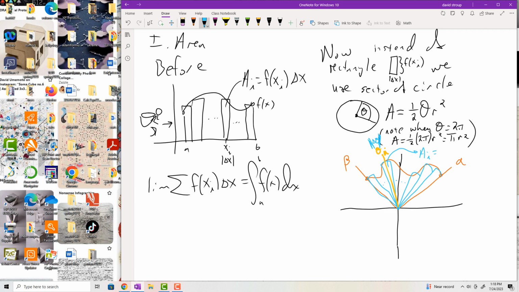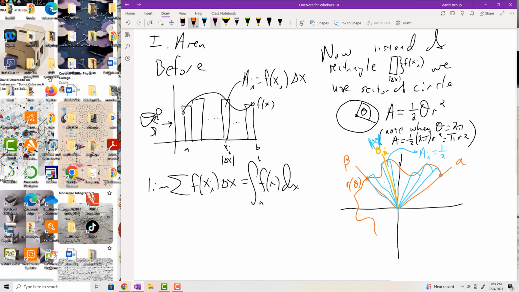Okay, so a sub i is going to be 1/2 times r squared times change in theta sub i. We need the r squared thing. So what is the r squared? Well, we didn't really give this curve a name, so let's call the curve r of theta. Instead of f of x, we call it r of theta. It's that curve, continuing a little bit, whatever it does.